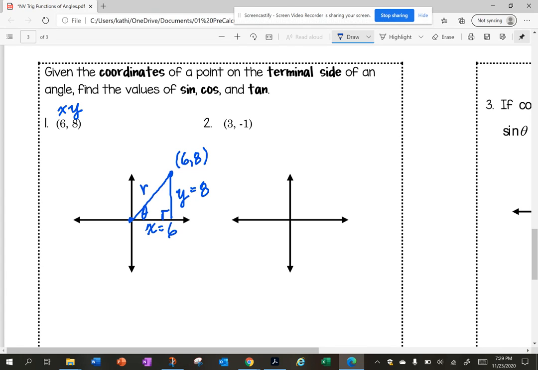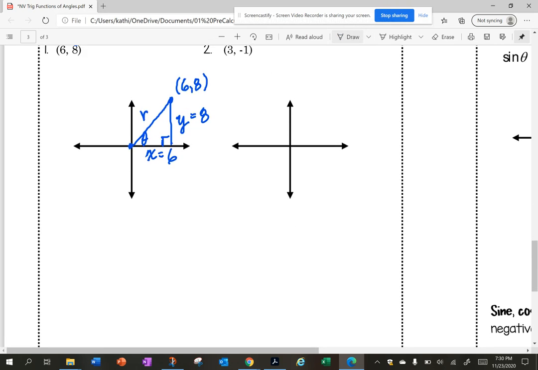This is asking me to find sine, cosine, and tangent. In order to do that, I also need to solve for the radius. So I'm using the equation x squared plus y squared equals my radius squared. I would write these in parentheses because I'm going to start working with positives and negatives now that I'm on the coordinate plane.